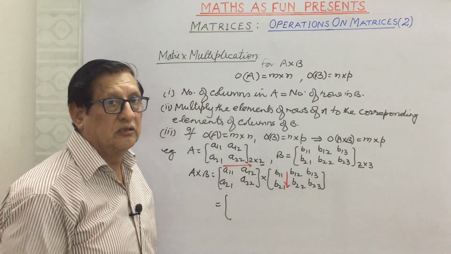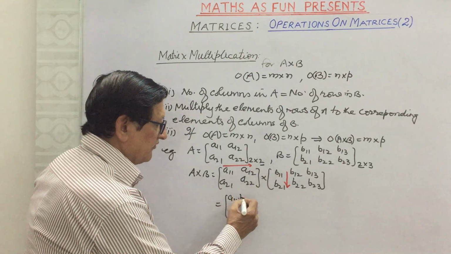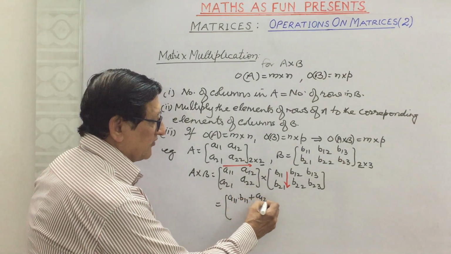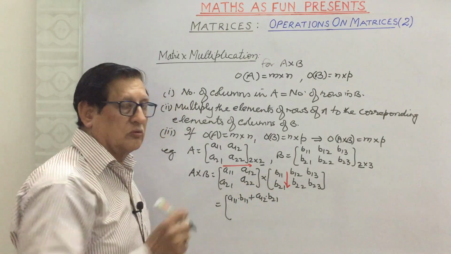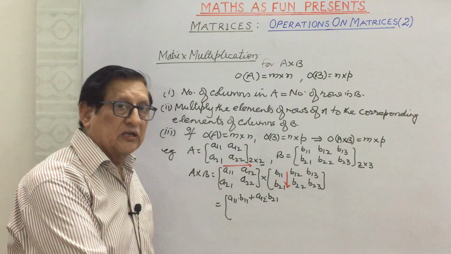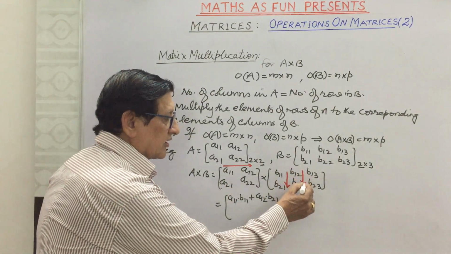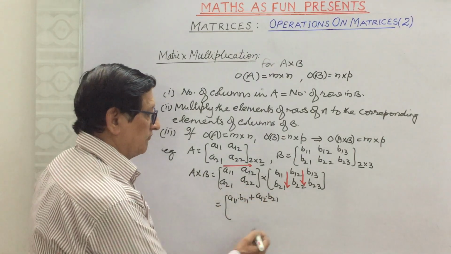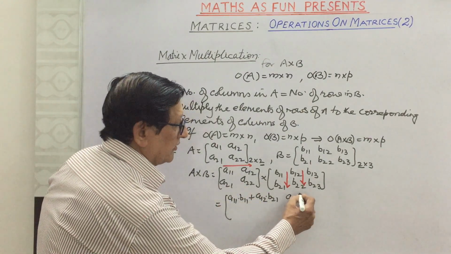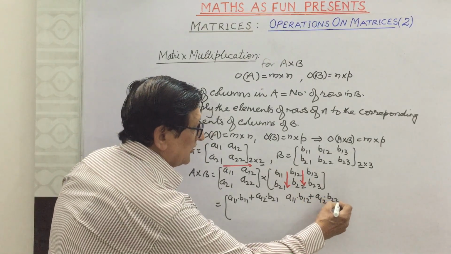And then we get the element here, that is A11 into B11 plus A12 into B21. This is the first element of the first row. Then we multiply the elements of the first row to the elements of second column to get the second element of the first row, that is A11 into B12 plus A12 into B22.